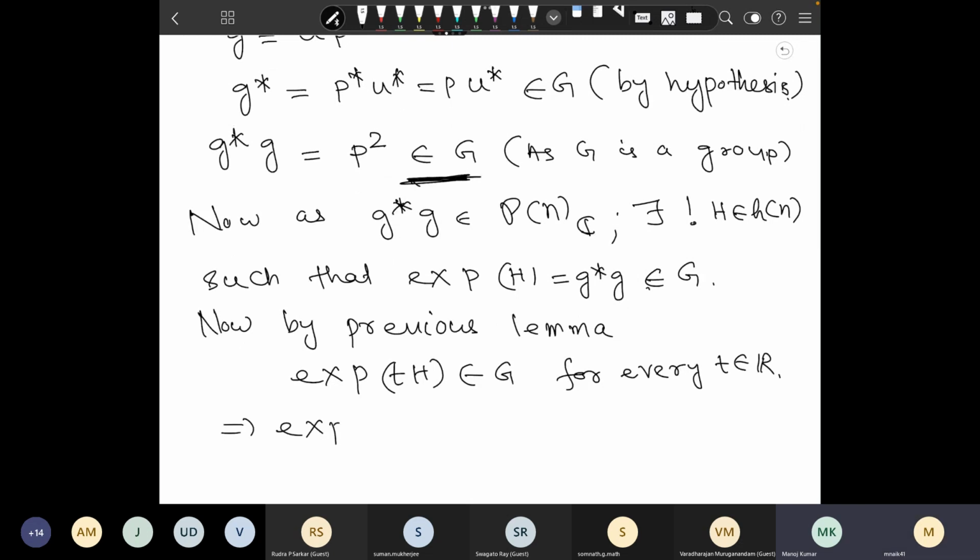So in particular, the exponential of H by 2 belongs to G.